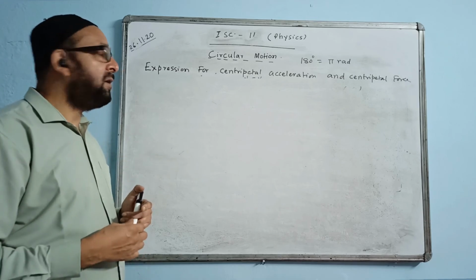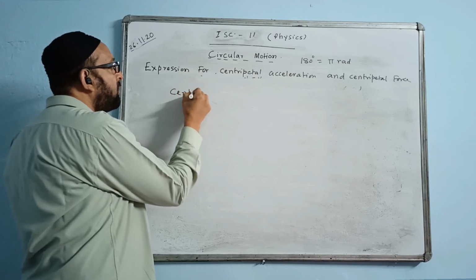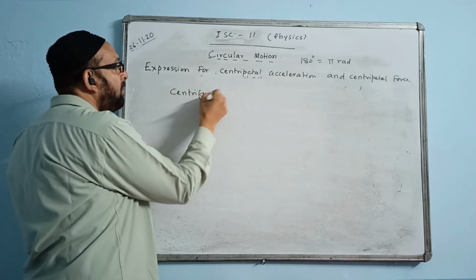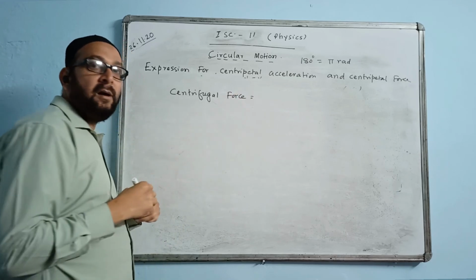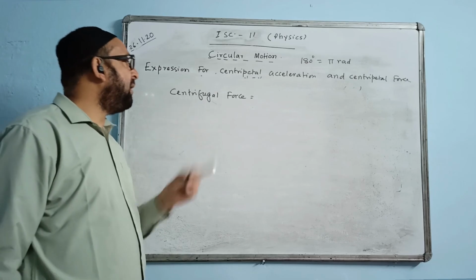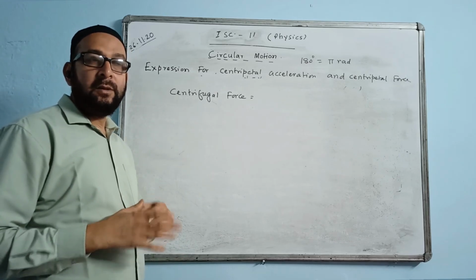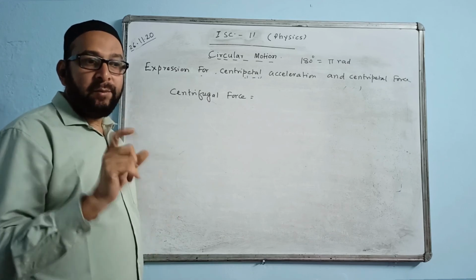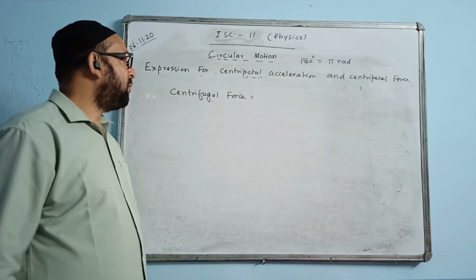That force is called centrifugal force. Centrifugal force is the force acting away from the center of the circular path. This is an imaginary force. It is only used to describe the equilibrium of a body in uniform circular motion.